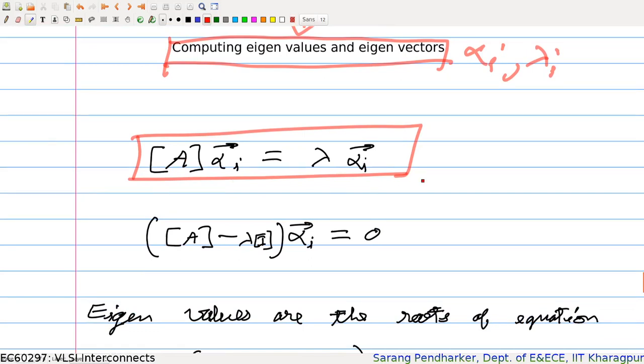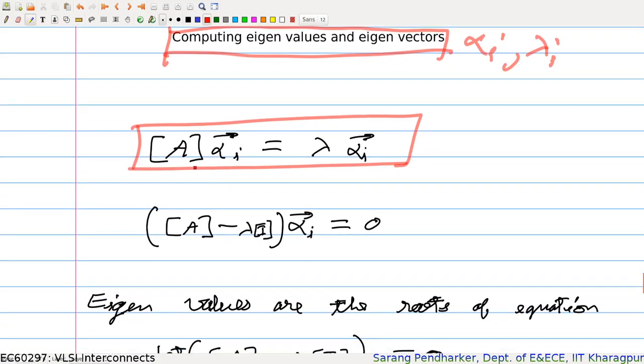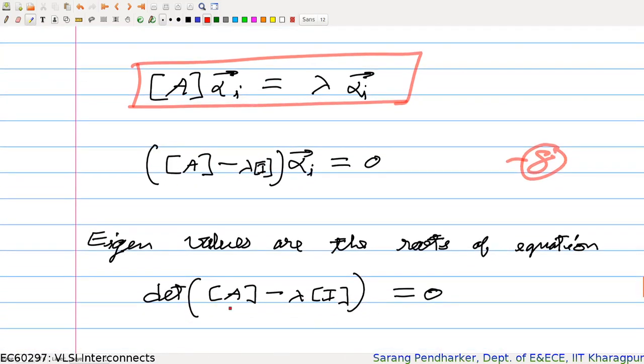So I have this equation. This equation has to be true. So I can write this equation in here. Let this be the 8th equation, and the only non-trivial solution here is when the determinant of this matrix is equal to 0.